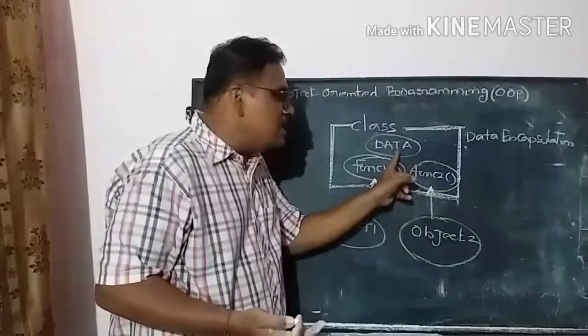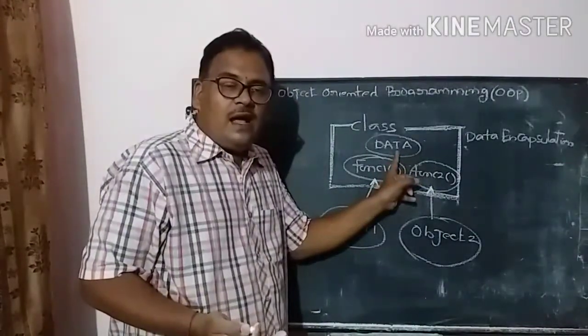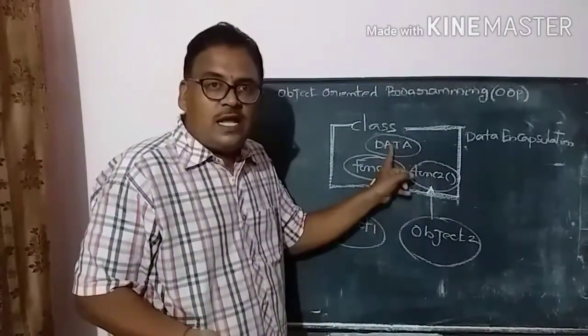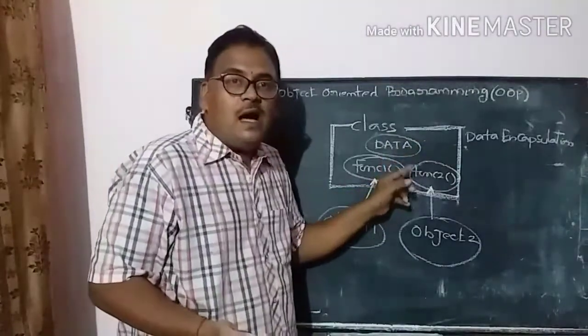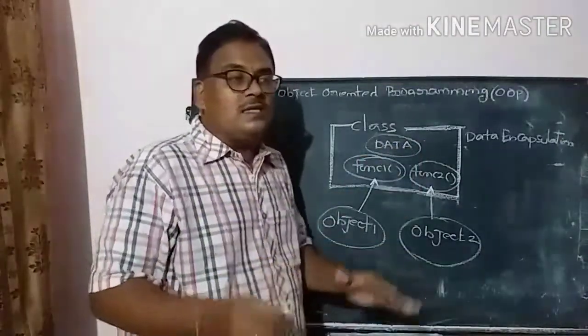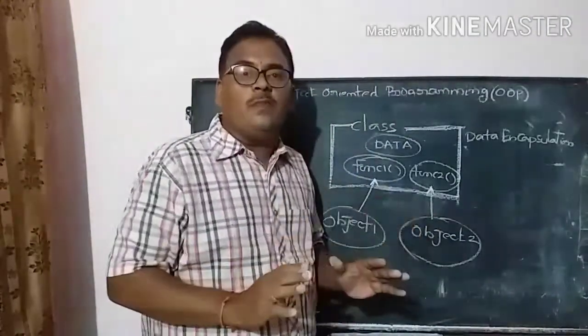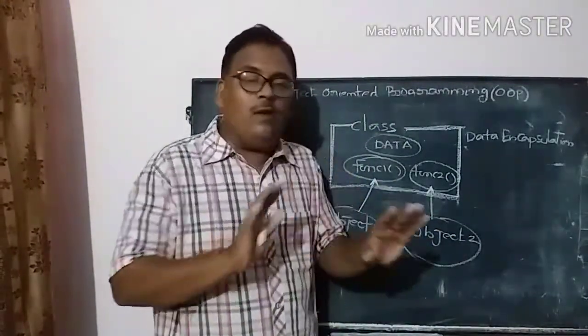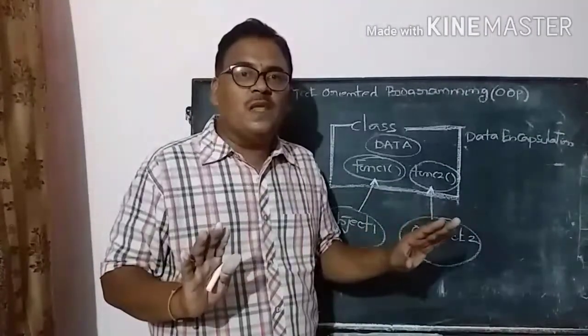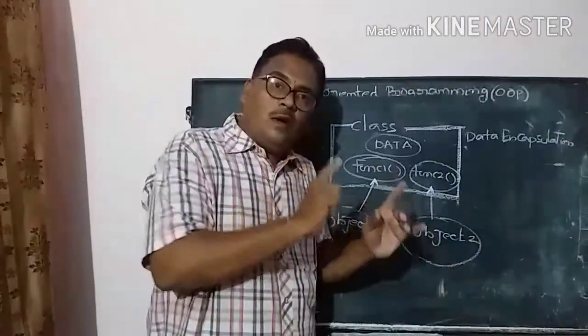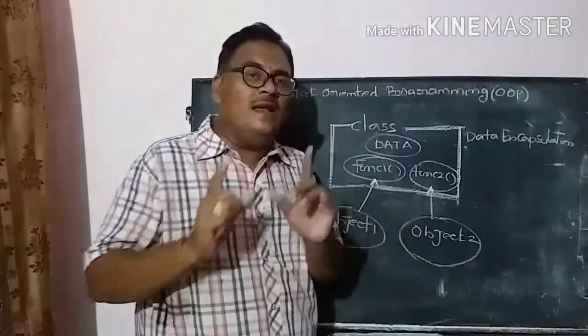So data is concentrated and we provide security. We hide the data and utilize it exclusively for a particular purpose only. So coming to object-oriented programming, data cannot be misused. That's why it concentrates on data rather than logic.